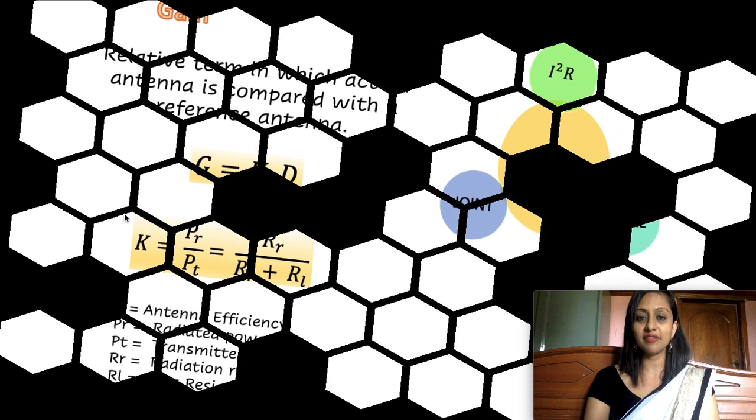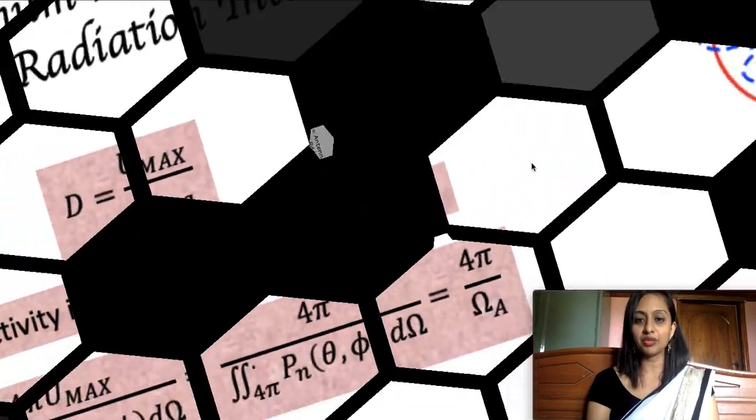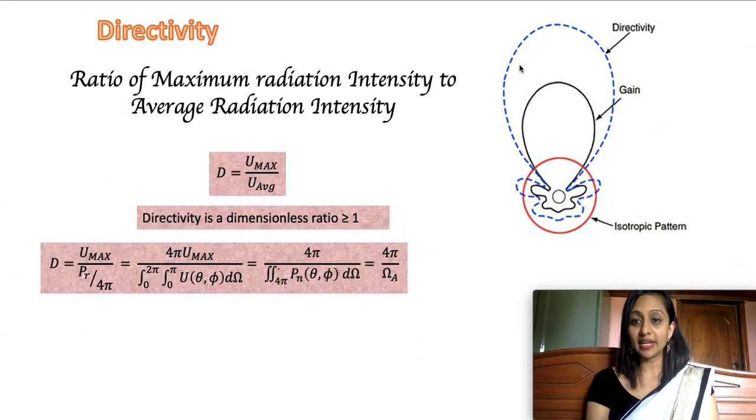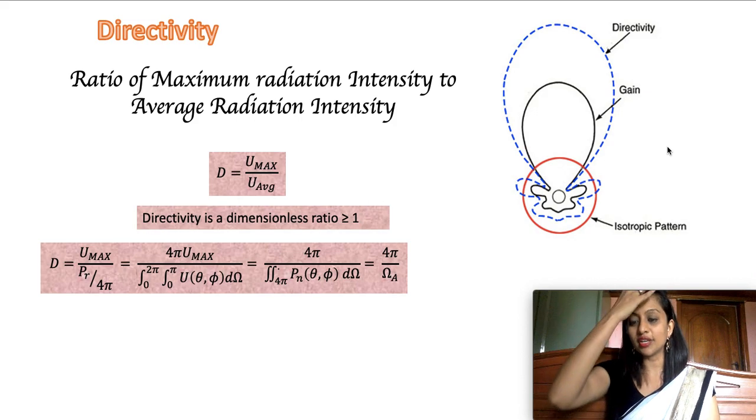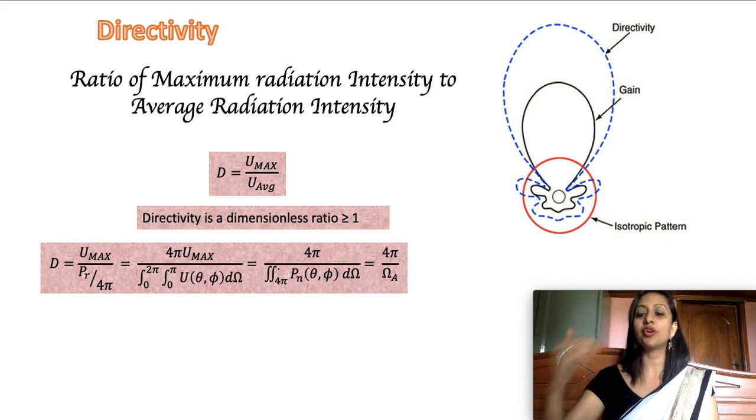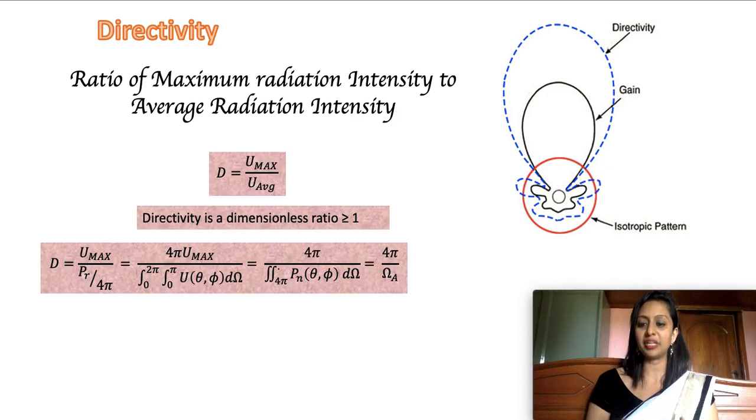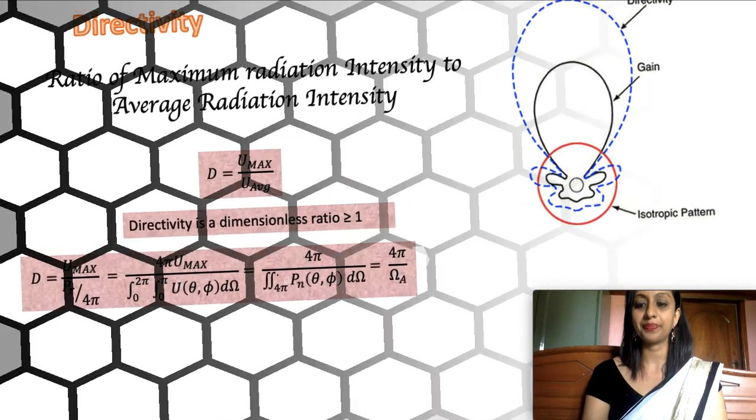So previously when we looked at this graph, directivity was my ideal case, but in a practical scenario, due to considering all the losses, my radiation or the coverage would reduce. So gain gives us a practical picture of what is happening.